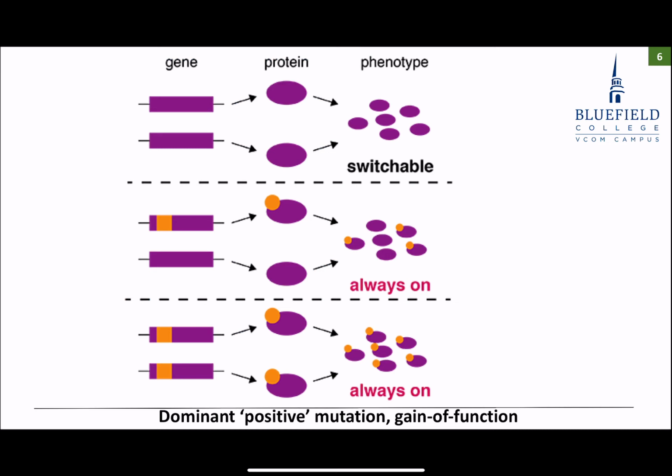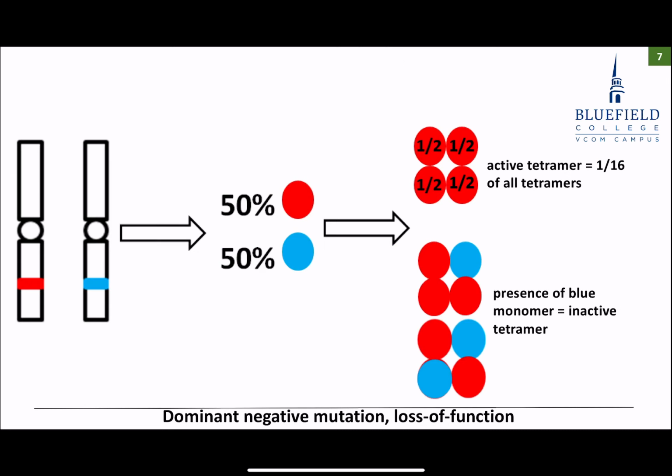What about dominant negative mutation? So this is a slide that shows you loss of function, which in this case is dominant. So you saw that there are some proteins that form tetramers or octamers, like in the case of histones or hemoglobins that I'm going to talk about today.